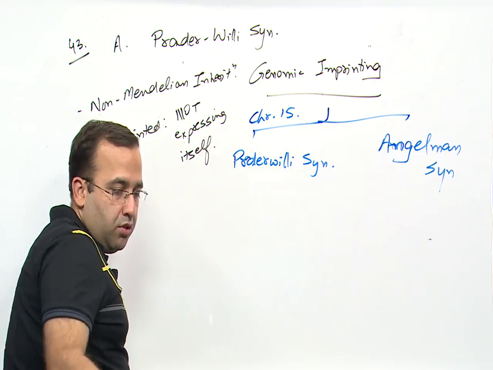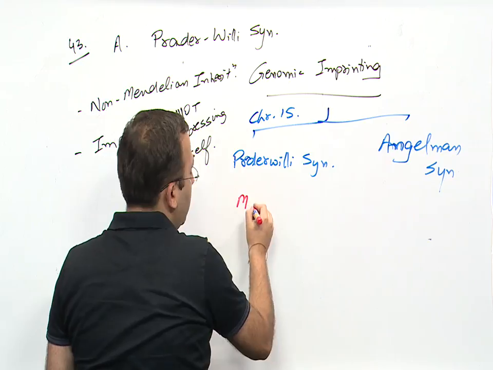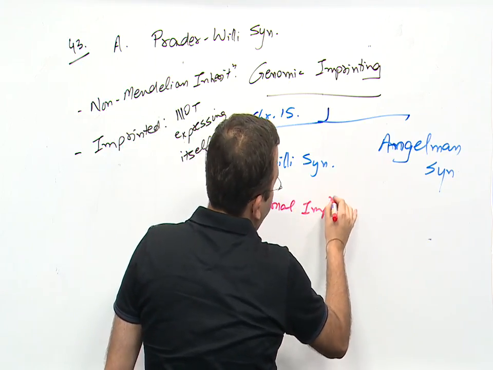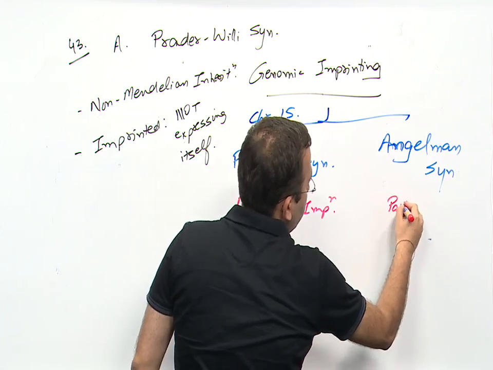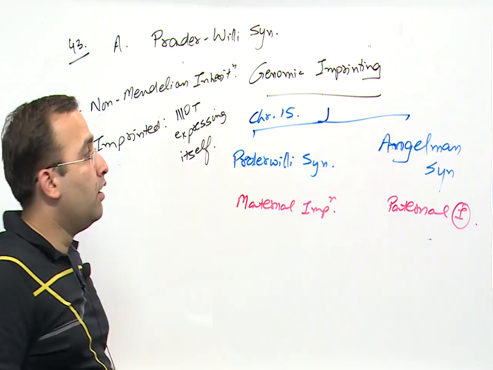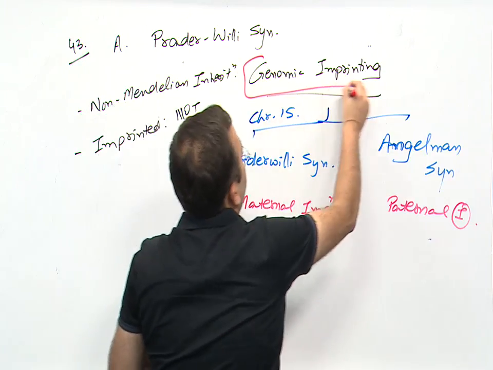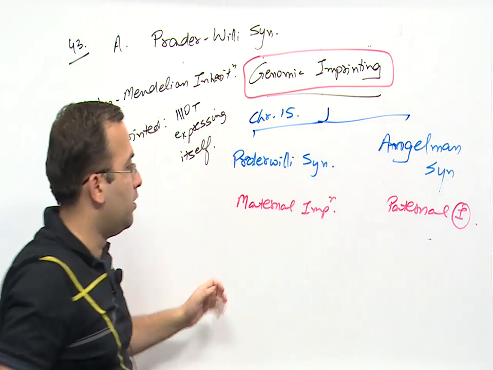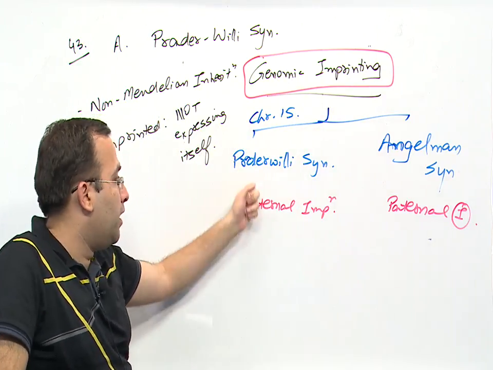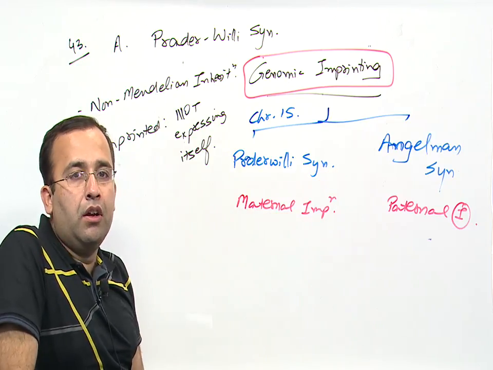Next point, easy to remember, Prader-Willi is maternal imprinting, whereas Angelman is paternal imprinting. We're talking about genomic imprinting, so we will make the mnemonic with respect to imprinting. P and P do not go together. Prader-Willi, maternal imprinting, Angelman, paternal imprinting.